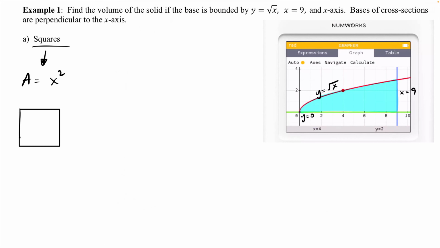Okay, so what's going to happen now? This is the part you have to kind of visualize in your head. What we're essentially going to do here, mathematically, is take a bunch of squares and make them sit on top, going perpendicular to the x-axis. So let me get a piece of paper here.